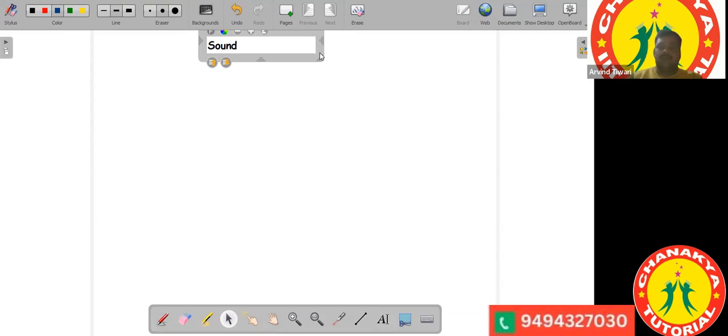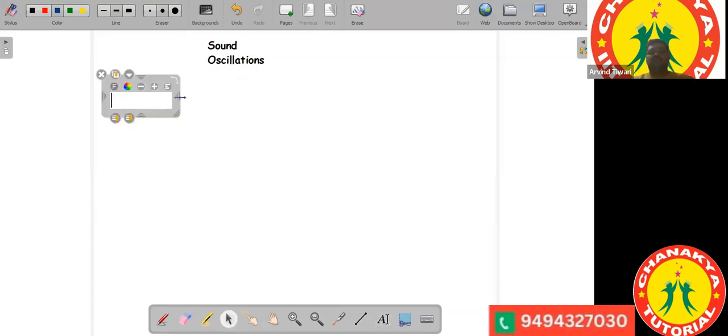Sound. And here we are mainly doing about the oscillations. So in terms of oscillations, I had defined some of the terms. We had seen a few terms. You will be giving me out from the diagram. I will also draw the diagram and you can give me out from the diagram.